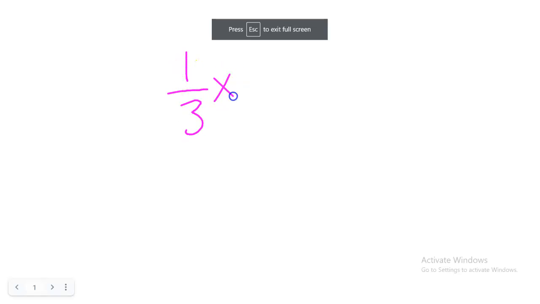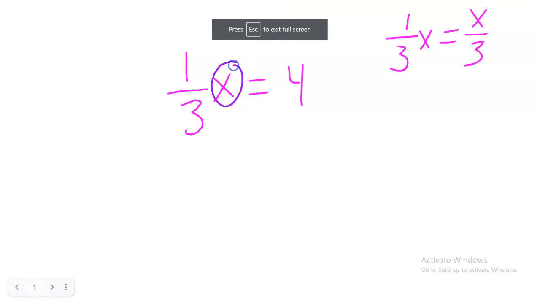Okay, let's try another one. This is probably going to throw you off a little bit. If I've got 1/3 x is equal to 4. Okay, this one's written a little bit different, but I did it on purpose because I want you guys to see that 1/3 x is the exact same thing as x all over 3. So what that's saying is that my variable here, my x, is being divided by that 3, or it's being multiplied by 1/3, which is the same thing as being divided by 3.